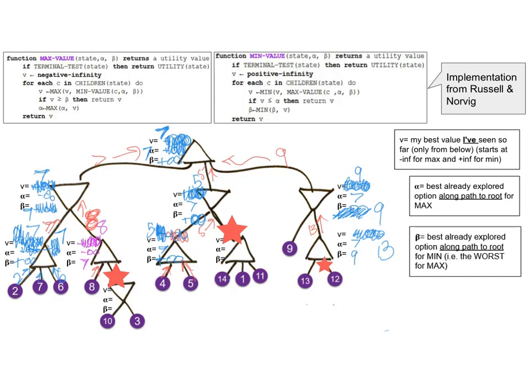So V is going to get, let's cross it out and make that 9. And is V greater than or equal to beta? No. So alpha is going to get the maximum of alpha and V. So we're going to change this guy. Alpha is no longer 7. Let's put it there. Alpha is 9. And miracle of miracles, we're done everything.